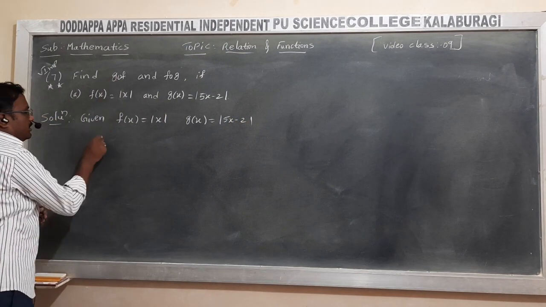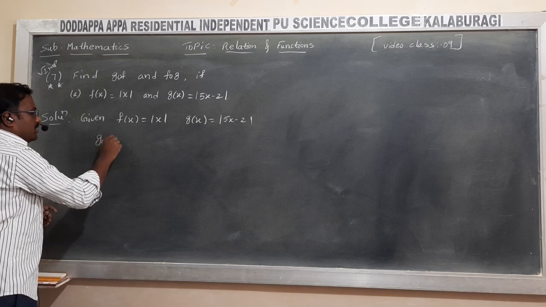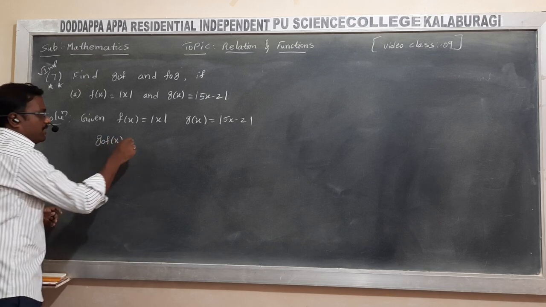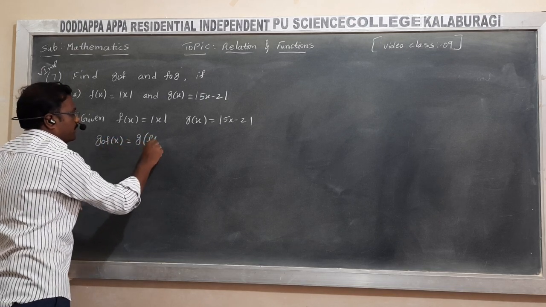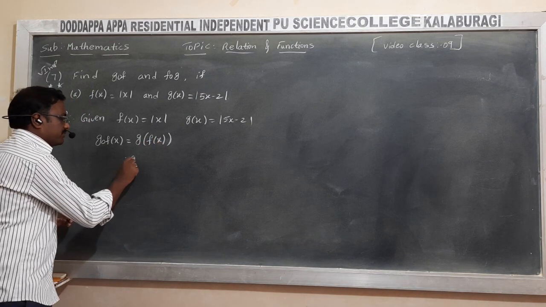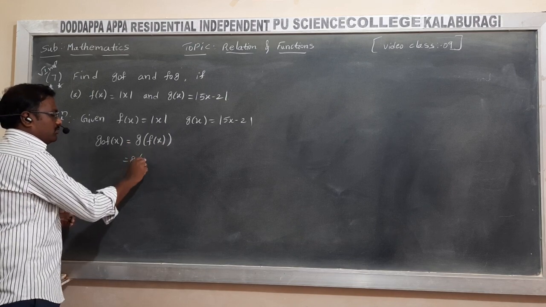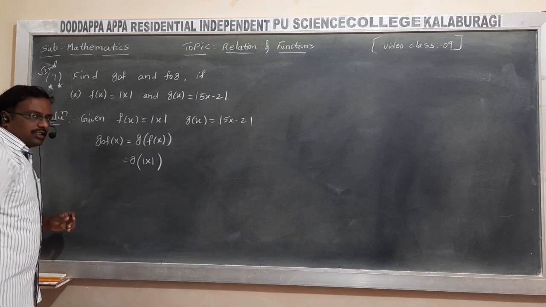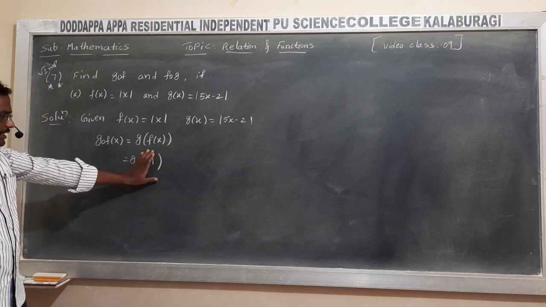Then first take g naught of f of x. This can be written g of f of x. So next, what about f of x value? Modulus of x.